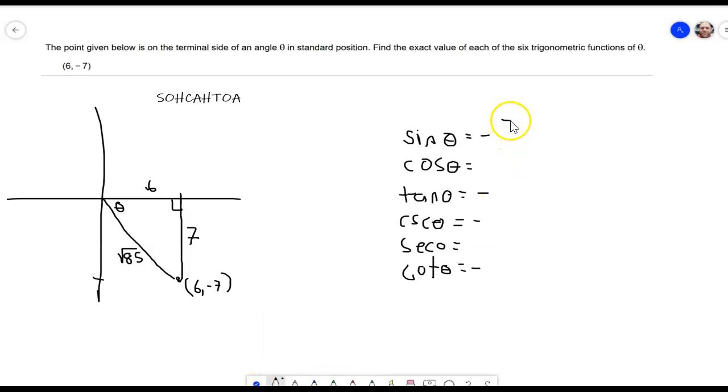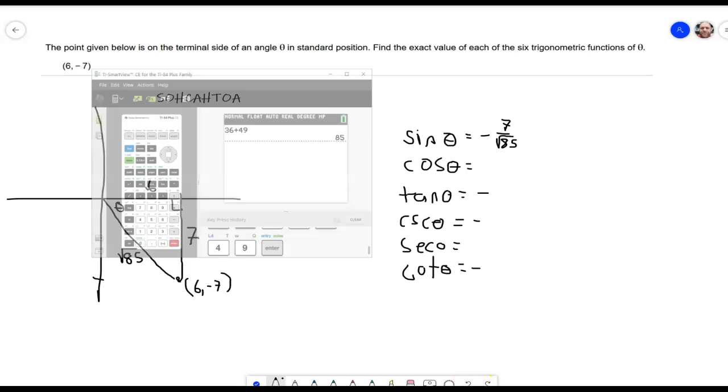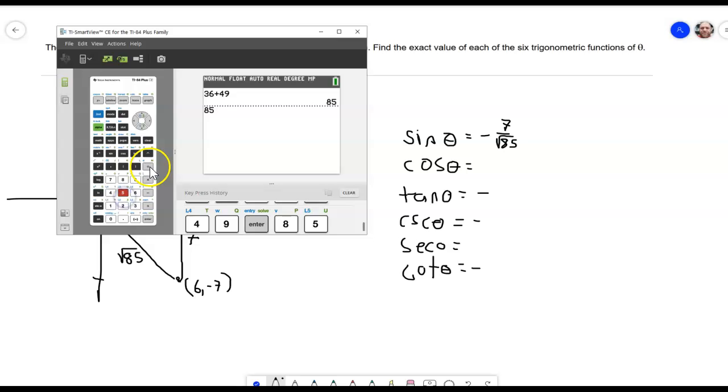So 7 over root 85. And I know usually we will rationalize the denominator. I did check with my math lab and it did take it just like that, so that was fine. If you do need to rationalize the denominator, then you just multiply the top and the bottom by the root 85 and you'll get 7 root 85 divided by 85. And I do not believe that 7 goes into 85.